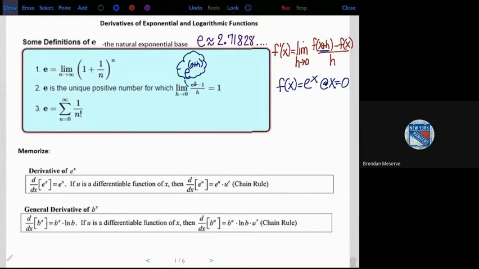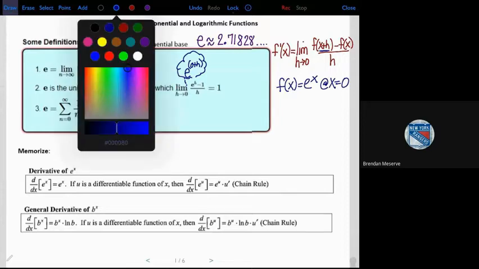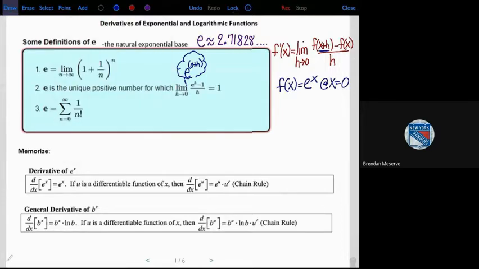I'm going to erase the underline under that h because it was kind of hard to see. All right, so what's that 1? Well, it's supposed to be minus f of x. If f of x is e to the x, and we're at 0, e to the 0 is 1. Anything to the 0 power is 1. So this 1 is actually e to the 0.